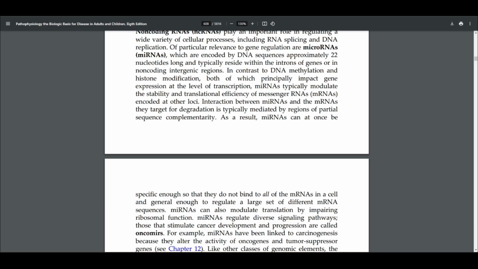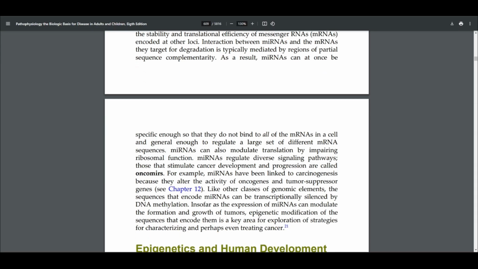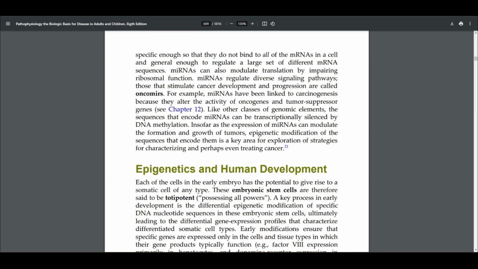Interaction between microRNA and the messenger RNAs targeted for degradation is typically mediated by regions of partial sequence complementarity. As a result, microRNAs can at once be specific enough so that they do not bind to all of the messenger RNA in a cell, and general enough to regulate a large set of different messenger RNA sequences.